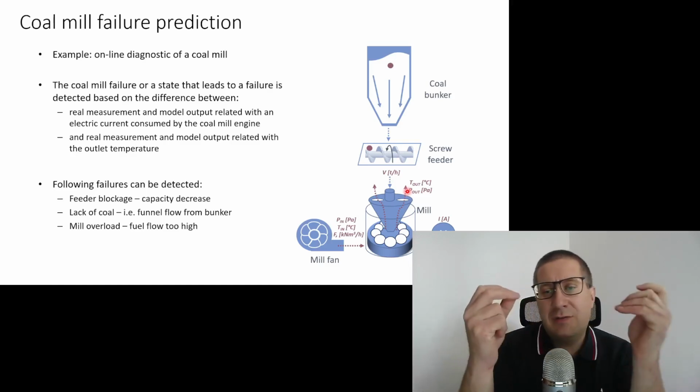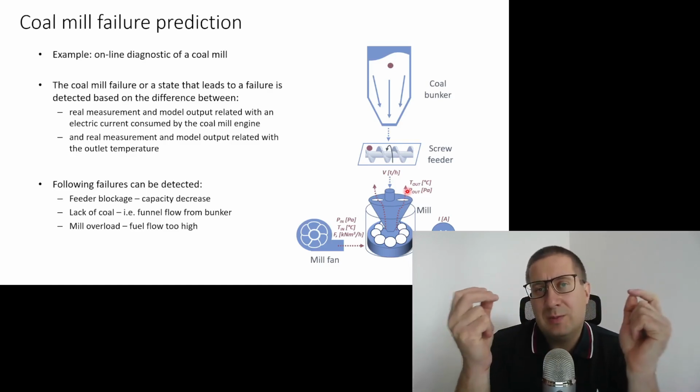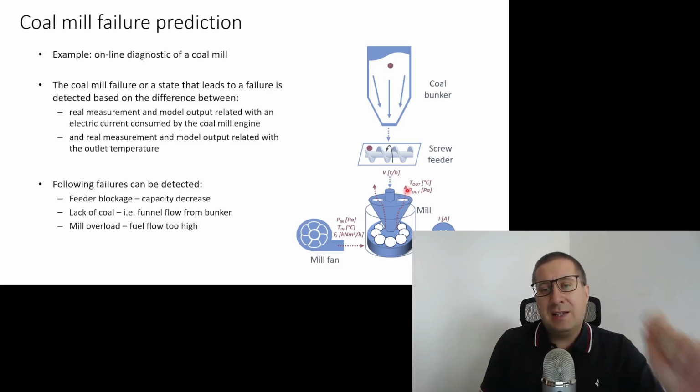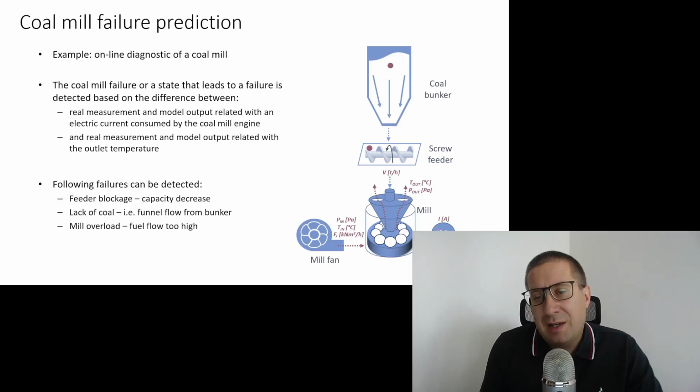Right? Because you see, if there is too much coal in the mill, the mill is overloaded, then we would have higher current consumption, right? If there is no coal, or the amount of coal in the coal mill is low, then the current consumed by the coal mill will be lower.